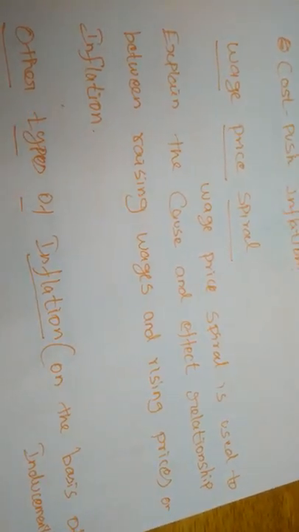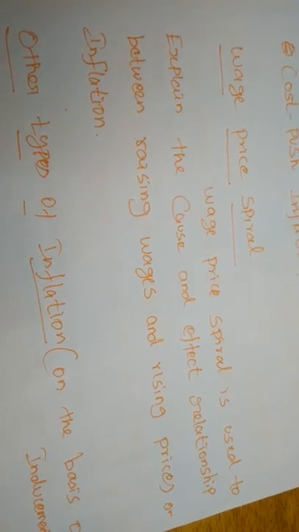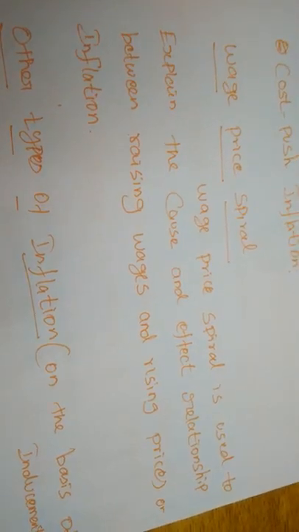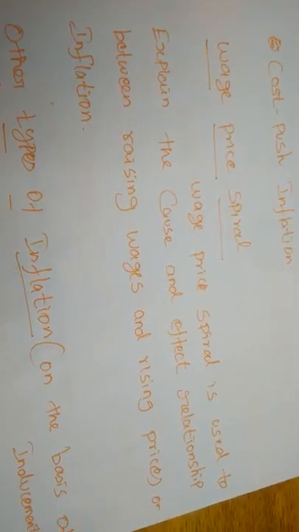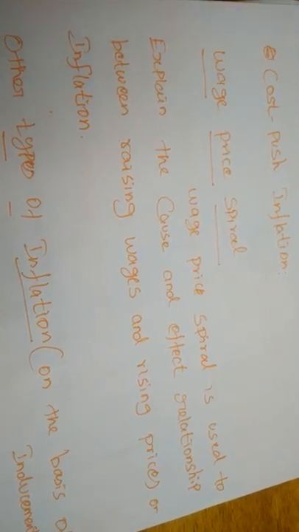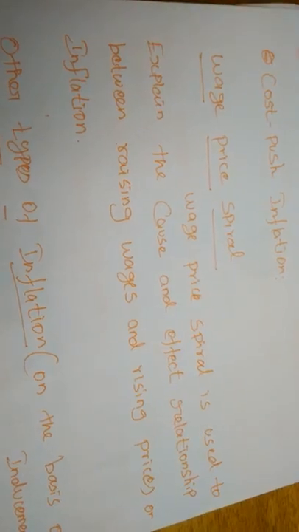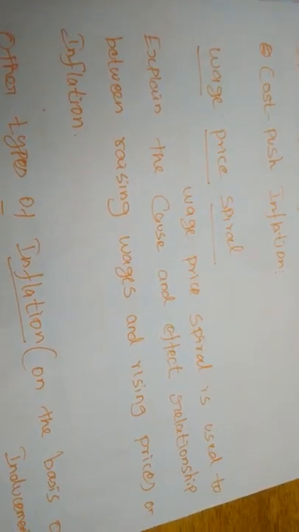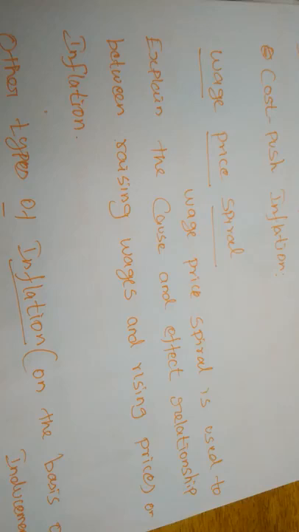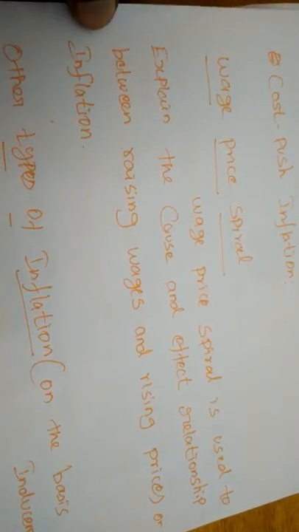If the producer does not increase the wage, the labor will go on strike, so the production will be affected. A rational producer will not stop production, so the producer will increase the wage rate for their labor.